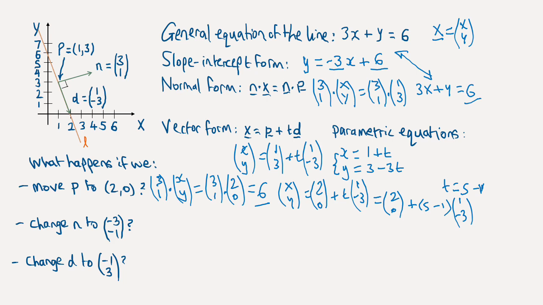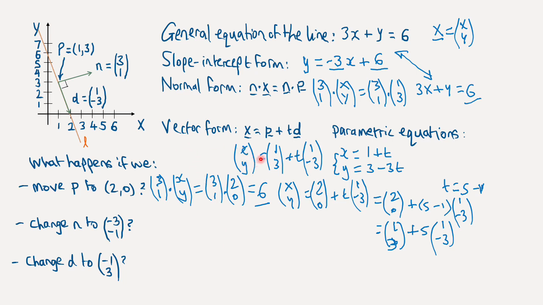So let's write it down here: I have 2 minus 1 for the x component, and then I'll have 0 plus minus 1 times minus 3. I'll have (1, 3) plus s times (1, -3). Okay, so I've got the same vector form as I had before.